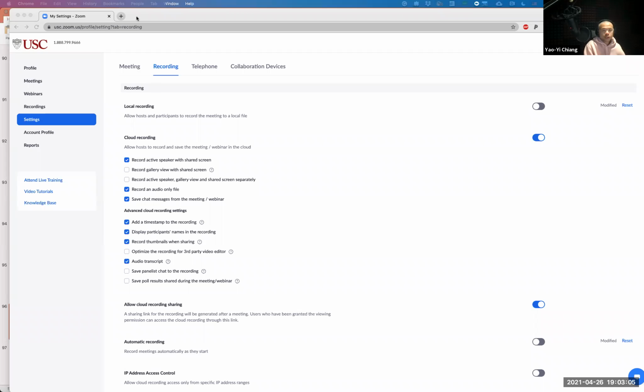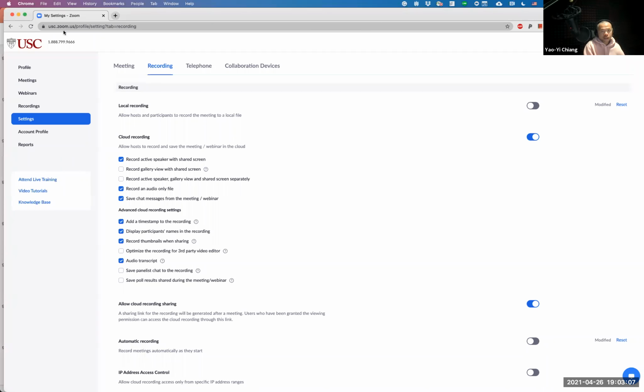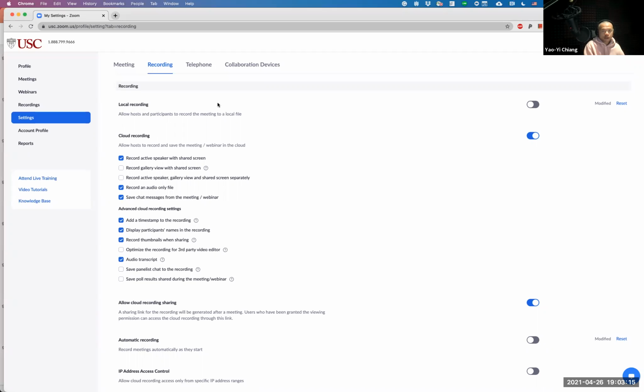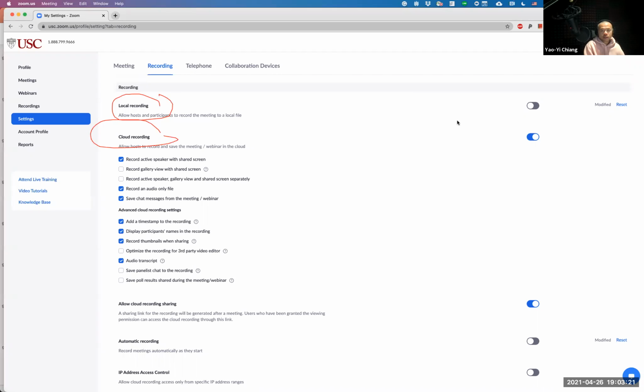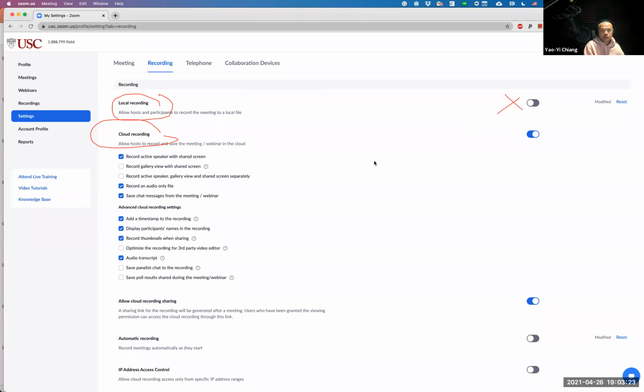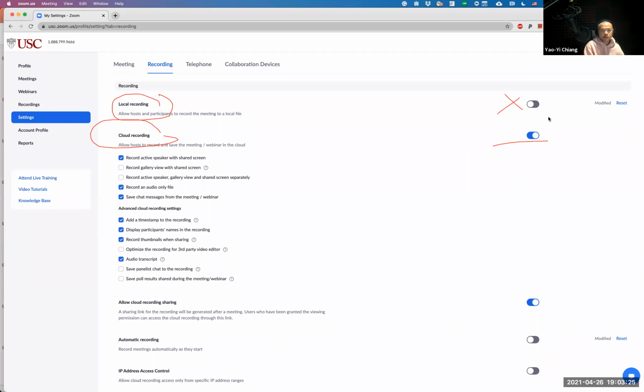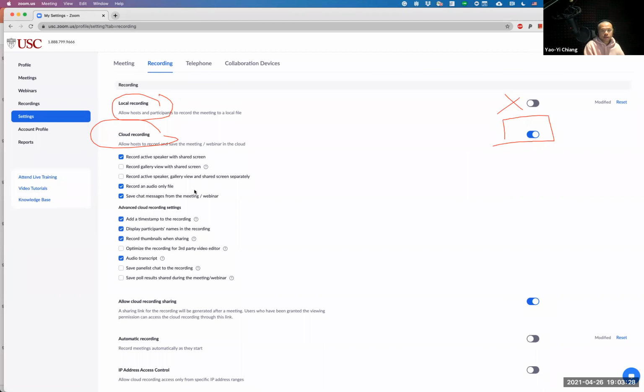On the left side, go to settings. There is local recording and cloud recording. Do not use local recording, use the cloud recording. And choose the option that it will record your shared screen. And that's it.